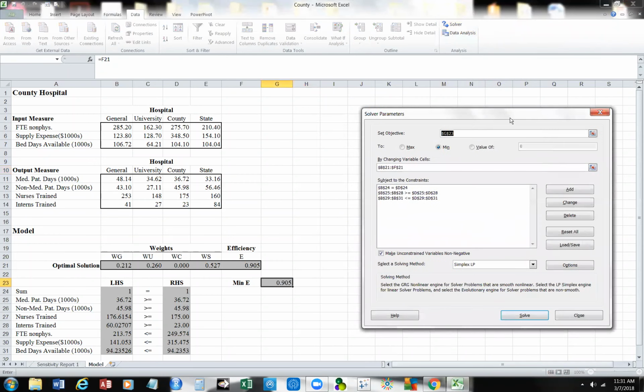All right, and there's our objective with minimize the efficiency and the changing cells B21 to F21. You can see those. Okay. And those are the optimal solutions weighted for the efficiency. And then we're also looking then at the constraints.